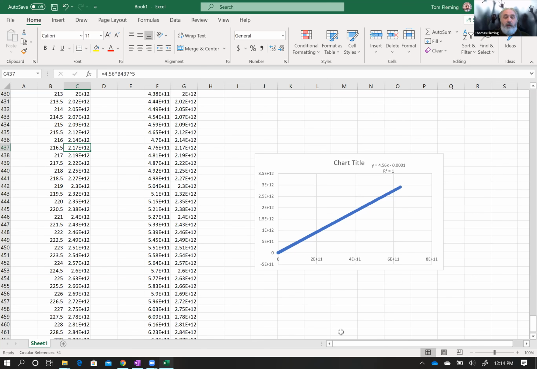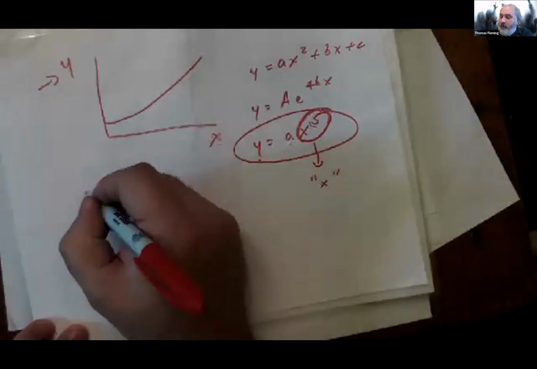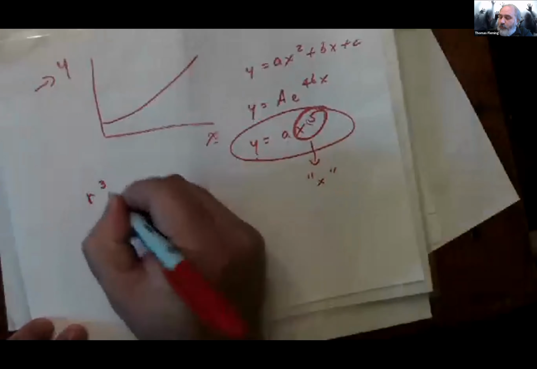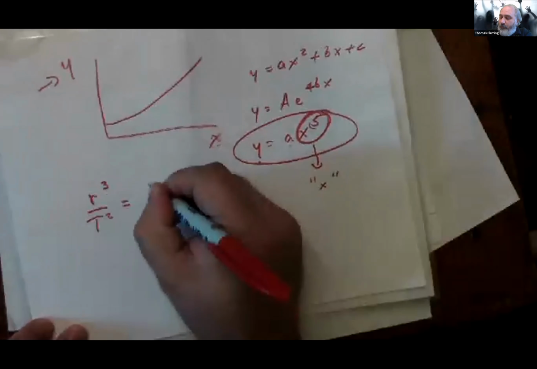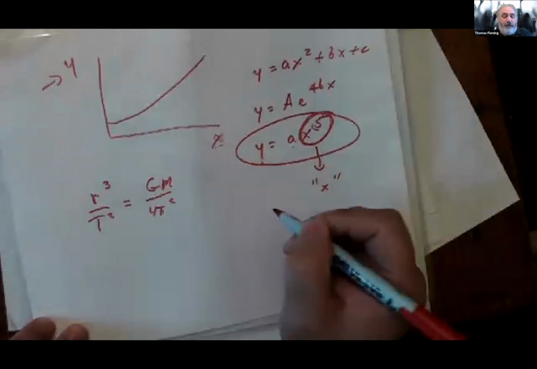Right? If you recall, during the Kepler's Law Lab, you had Kepler's third law, which said that r cubed over t squared equals GM over 4 pi squared.